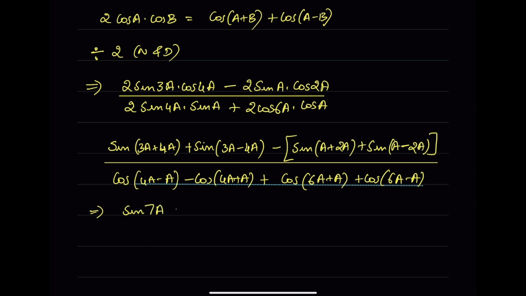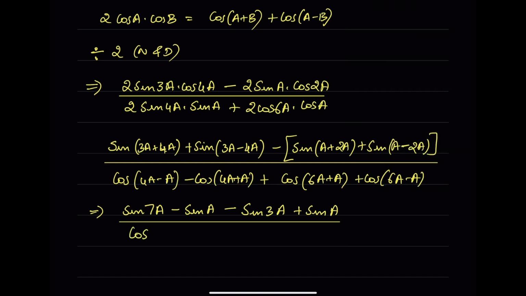sin 7a minus sin a, because 3a minus 4a is sin of minus a, which is minus sin a, then minus sin 3a, and again this will be minus sin a, but there is a negative sign here, so this will be plus sin a, this whole thing divided by cos 3a minus cos 5a plus cos 7a plus cos 5a.